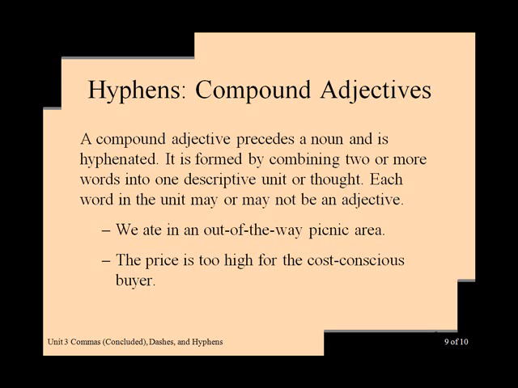So they grabbed the words out of the way, put them together for one thought or one meaning, and put it in front of picnic area. Now, out of the way is one adjective describing the picnic area. Let's say that our English book, or the book that you're using, it's an easy-to-understand English book.